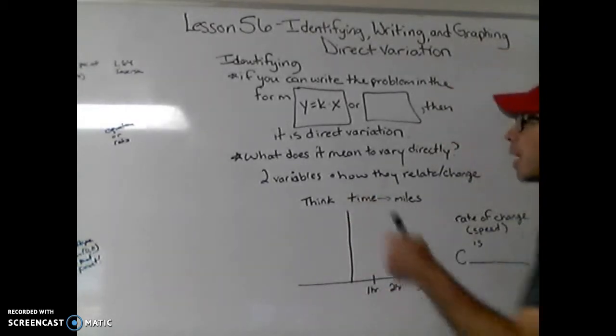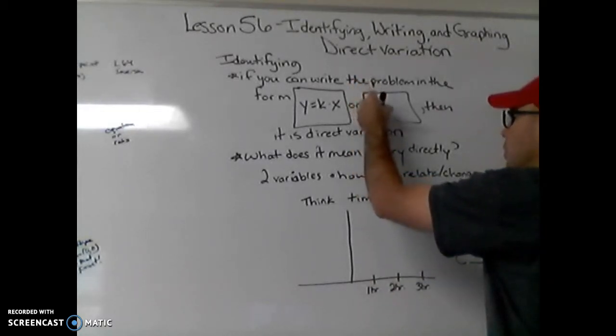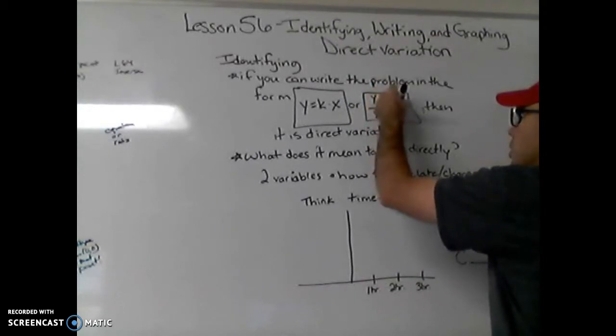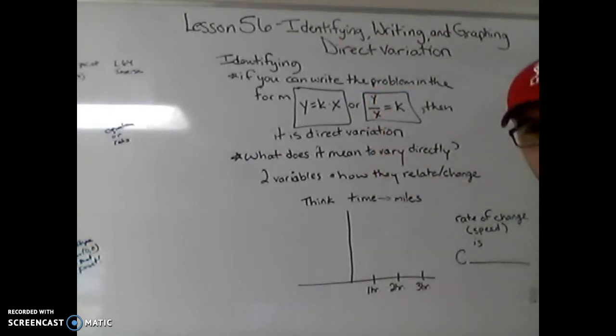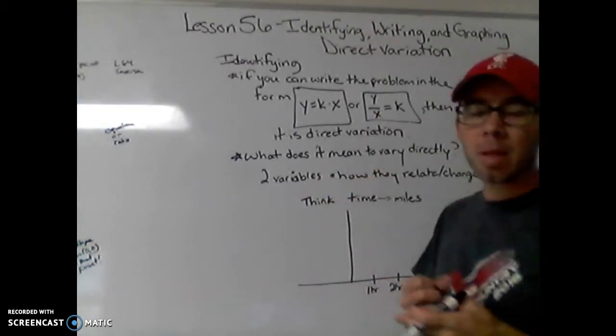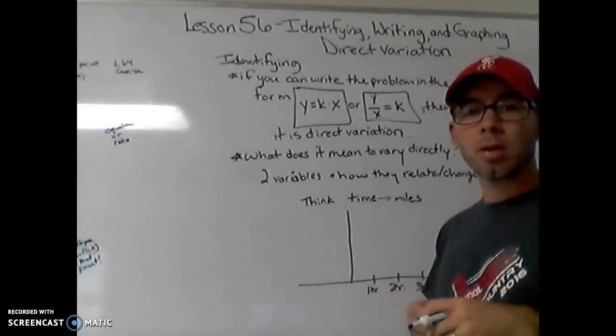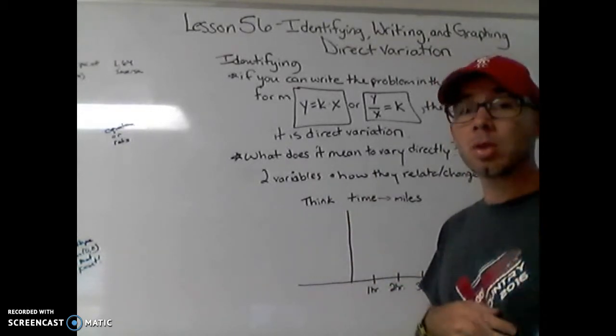Or the other way would be to write it as a proportion. y divided by x is always a constant. So let me give you a couple of examples for that. Maybe your y value is 10 and your x value is 2.